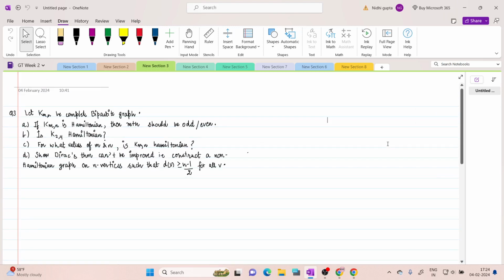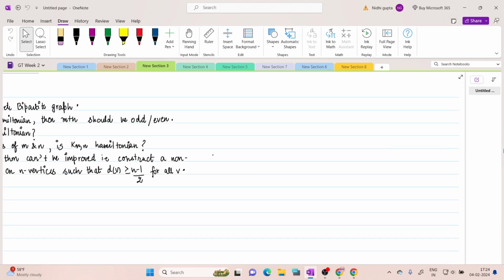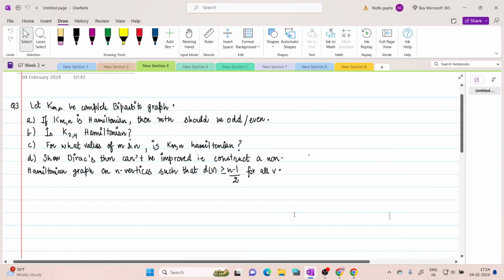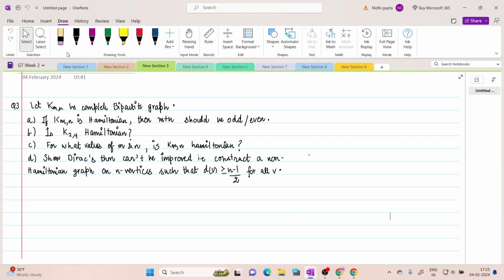So we have that K_{M,N} is a complete bipartite graph, and I defined what a complete bipartite graph is. The first question says that if K_{M,N} is Hamiltonian, then M plus N should be odd or even. What do you think?